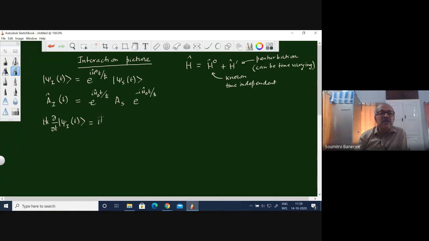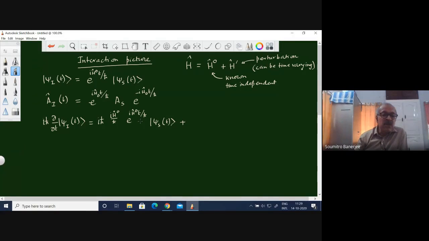So i h cross remains, and I take a derivative. There are two time dependent terms, so there will be two terms here. One is i h cross, the i H naught by h cross will come out, and then the rest remains the same, e to the power i H naught t by h cross psi_S(t).